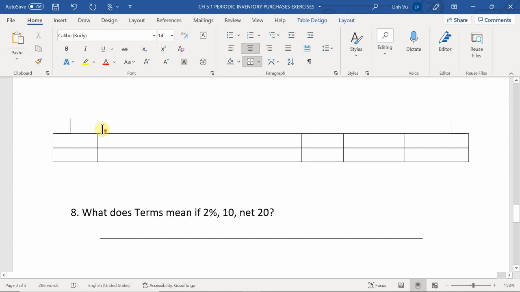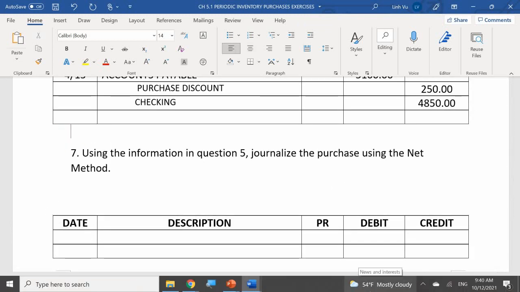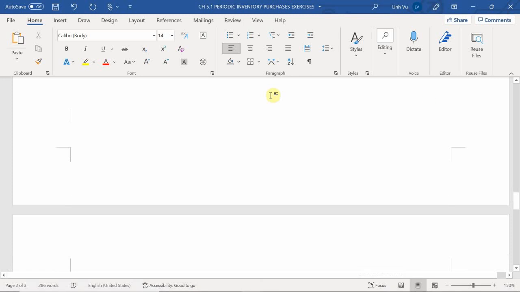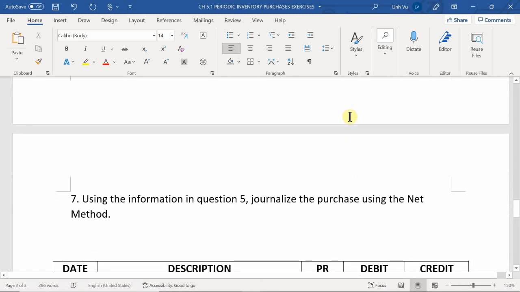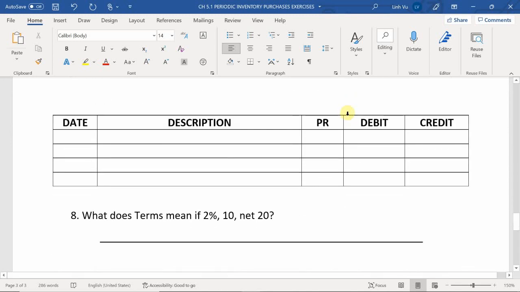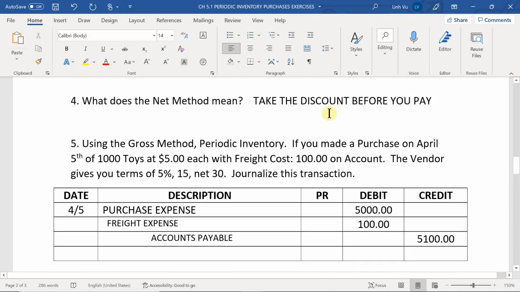Question number 7. Well, let me push this down so we can see it better. Question number 7 says that using the information in question number 5, journalize the purchase using the net method. Okay. Same idea as question number 5, but this time we're going to use the net method to record the transaction.